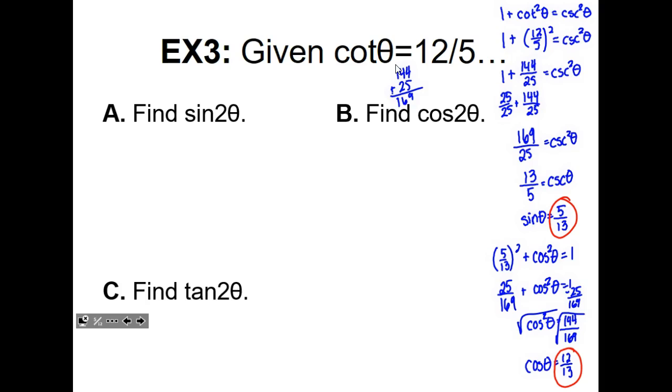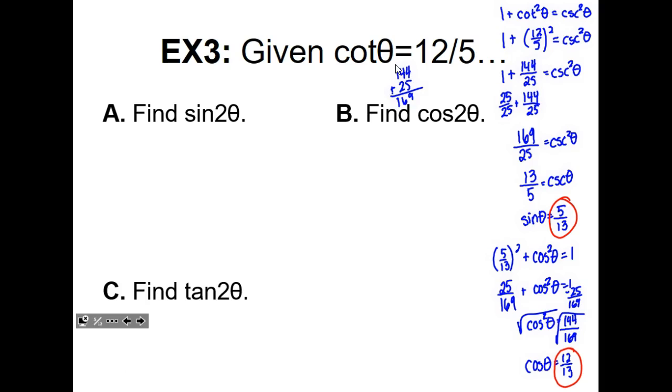Okay, questions there? Alright, so now we just plug into our formulas. Questions? Yeah, 144. And this is sort of the upper limits of what I'd give you without a calculator.